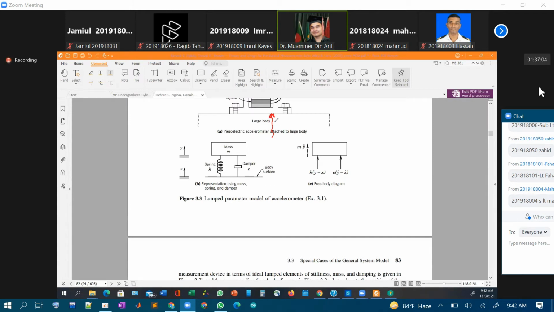And that impulse is actually your x of t. That is what we have modeled.